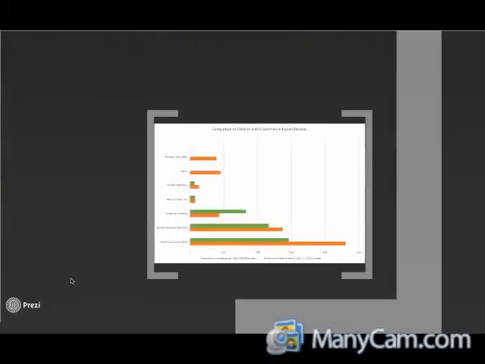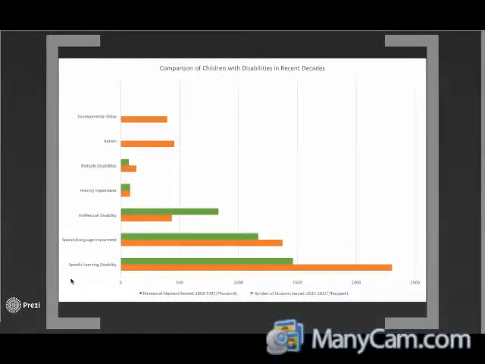Now we're going to go into this graph that shows an increase in students with disabilities that have been served from 1980 to 1981, which is in the green, and then from 2011 to 2012. As you'll see, the top two are developmental delay and autism.